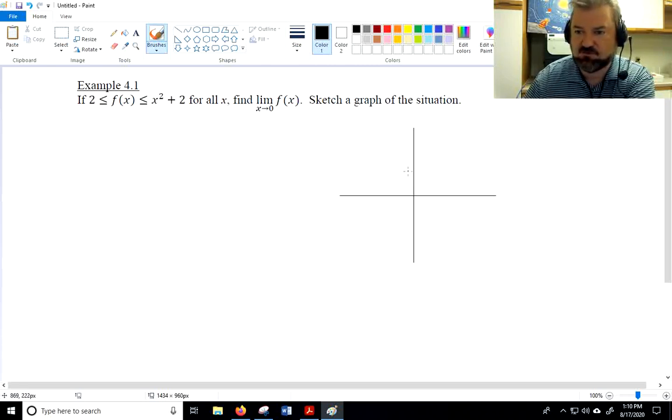Okay, so let's sketch the graph of 2. So this is a horizontal line at 2. All right, now let's graph x squared plus 2.